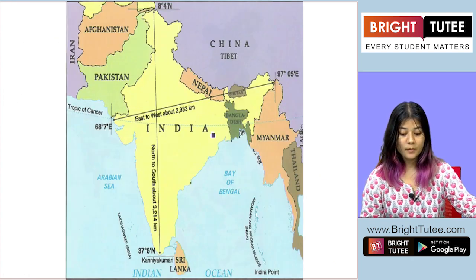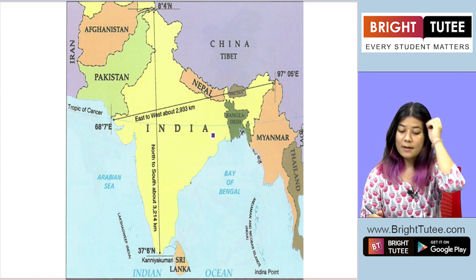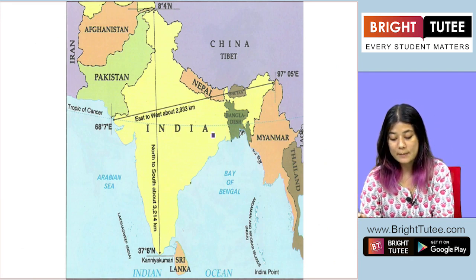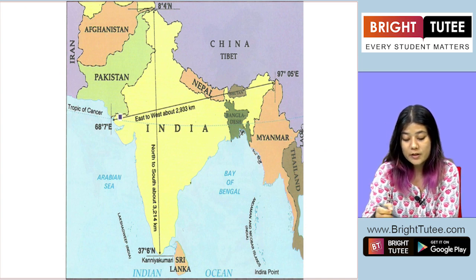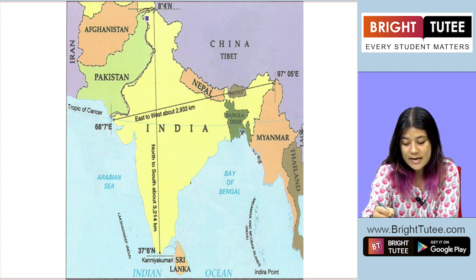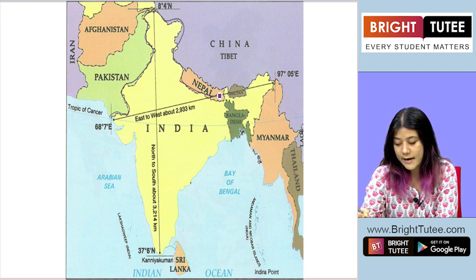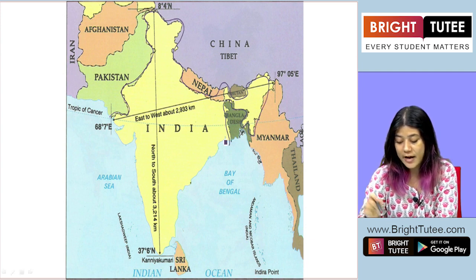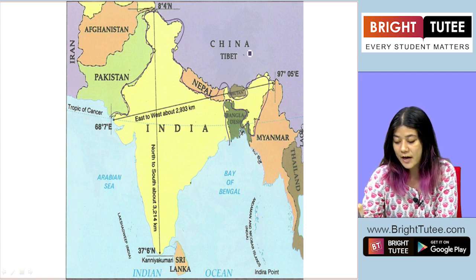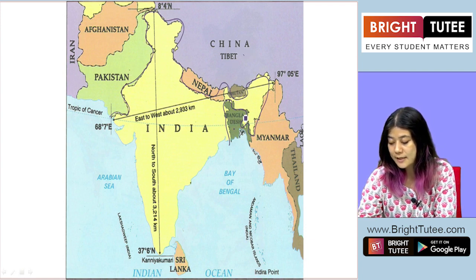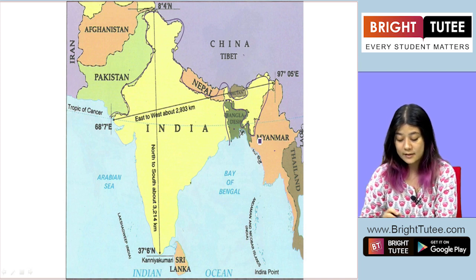So here we have a map of India. This is a political map, and you can see the neighboring countries with which India shares its borders. This is the international border. The countries that share the borders are Pakistan, Afghanistan, Nepal, China, Bhutan, Bangladesh, and Myanmar.